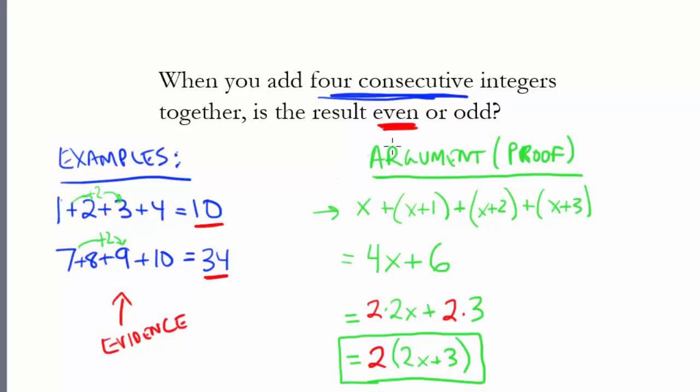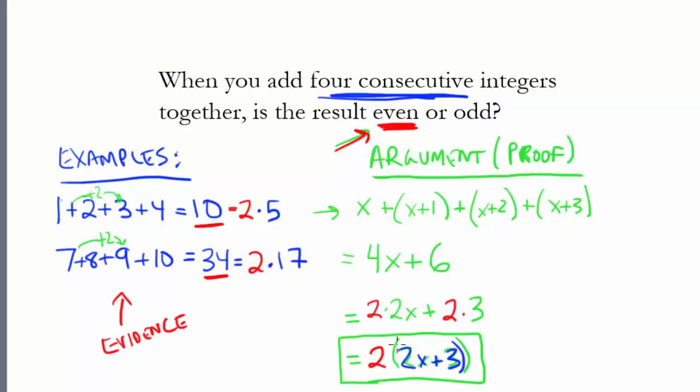What makes an even number even? Even numbers all have a factor of 2. That's what makes even numbers even. 10 is even because I can write it as 2 times 5. 34 is even because I can write it as 2 times 17. And this thing, I can write as 2 times whatever, 2x plus 3.